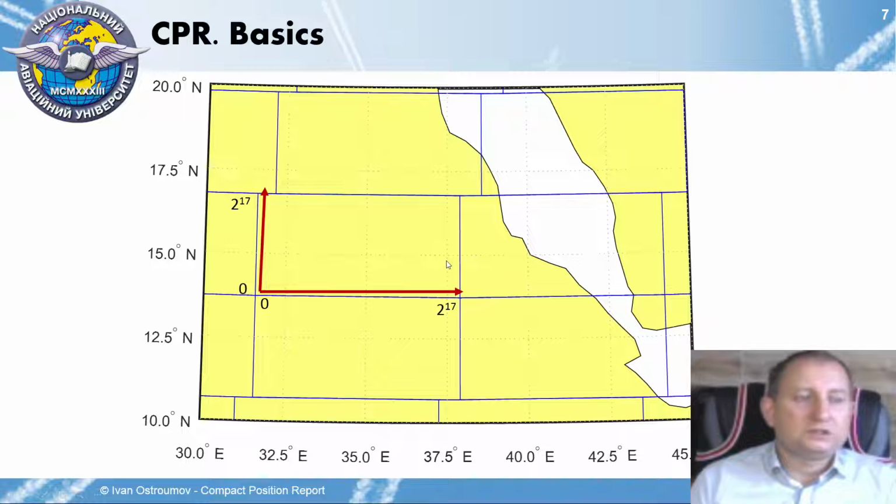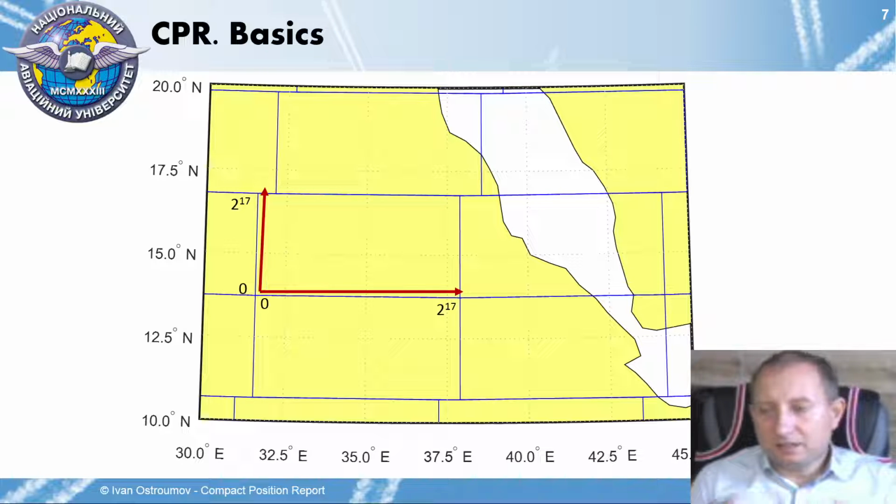That's why now we need to jump to the next rectangle. So if you know previous coordinates, we can easily get our current coordinates. And we do not need to know any address of this rectangle on the global scale.